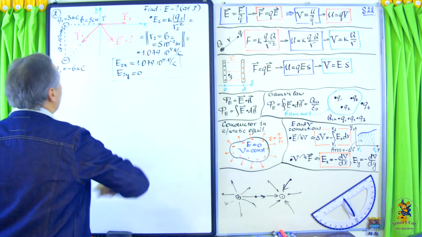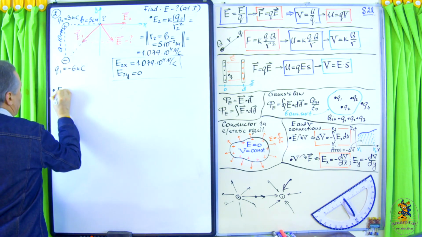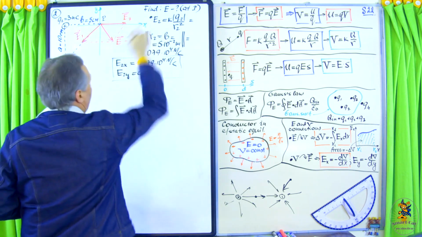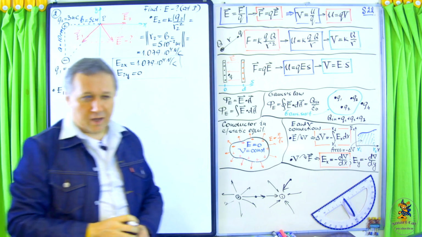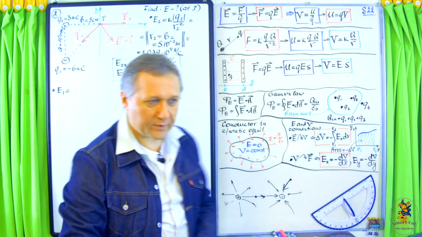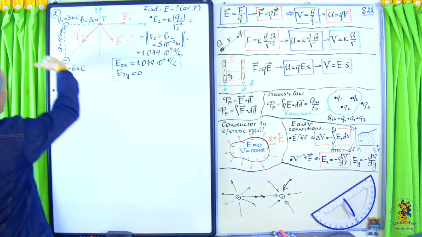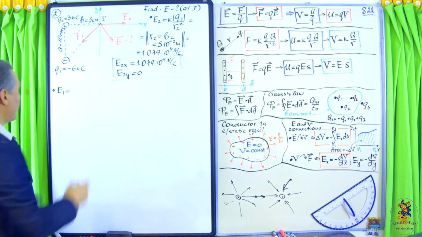Now let's do the same with the vector E1. Again, first I want to find the magnitude and then components. You remember, it's our second recitation class of this semester. We've solved problems of this type. Of course, charges were different, and the configuration was slightly different, but the idea was exactly the same.